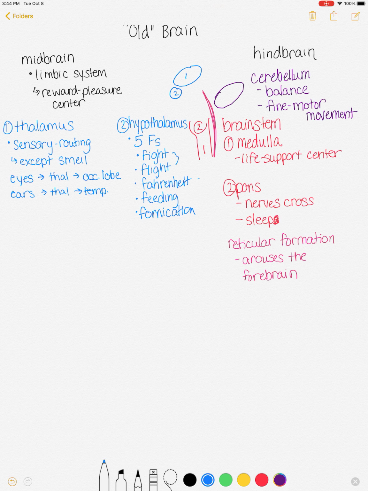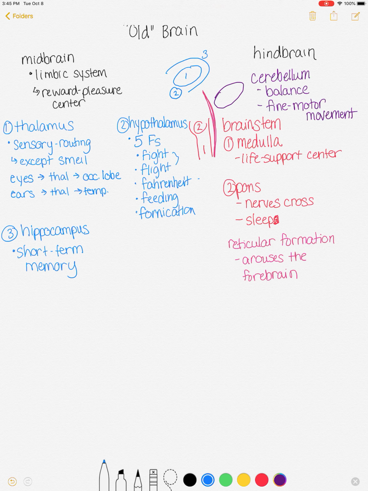So the hippocampus is going to help us encode memories into long-term memory. So if this part's missing, we can't form new memories. We had talked about that with a case study at the beginning of the year with the case of HM. When they removed his hippocampus, he could never really learn anything new. So that's going to be part of that.